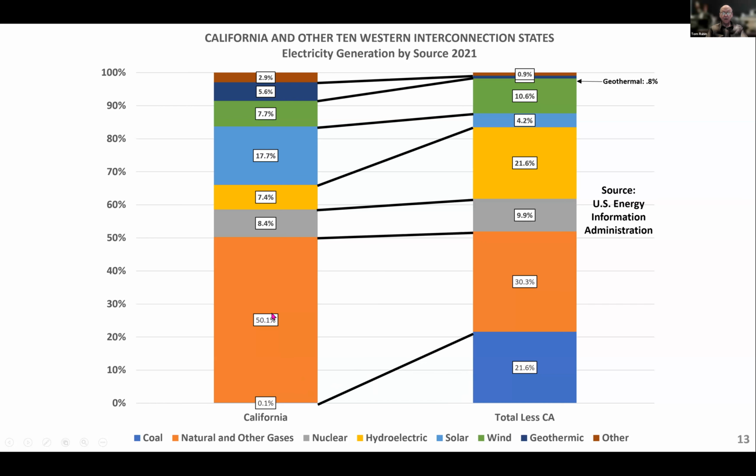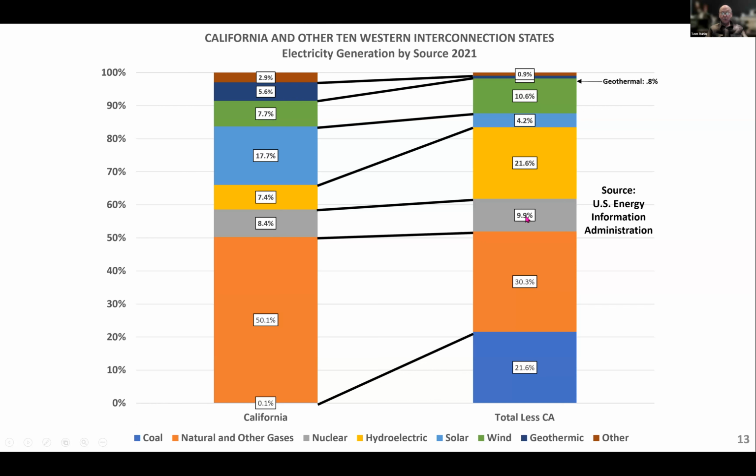Natural gas is over half for energy in the US versus about 30%. And that obviously is very significant. So what we're doing to a great extent, we are exporting our electricity emissions of both greenhouse gas and everything else.